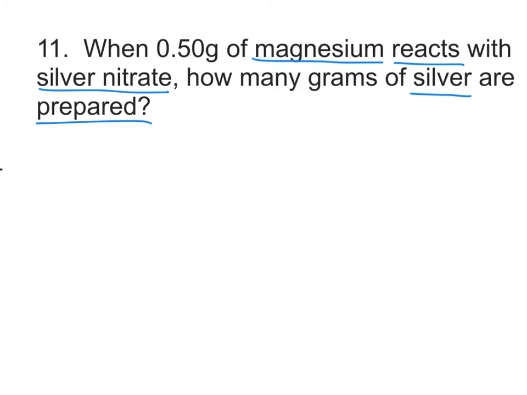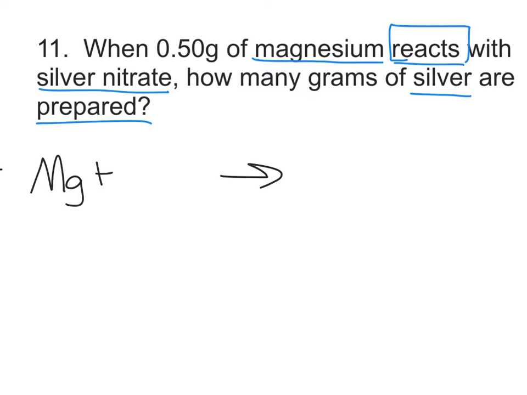So the word reacts is letting me know who my left side of the equation is. Who reacts with who combines with who. Sometimes they'll say combines instead of reacts. But that's the left side of the arrow. So if the arrow's in the middle here, the left side should have magnesium and it should have silver nitrate. Now magnesium's easy because he's a pure element. You can just write magnesium.